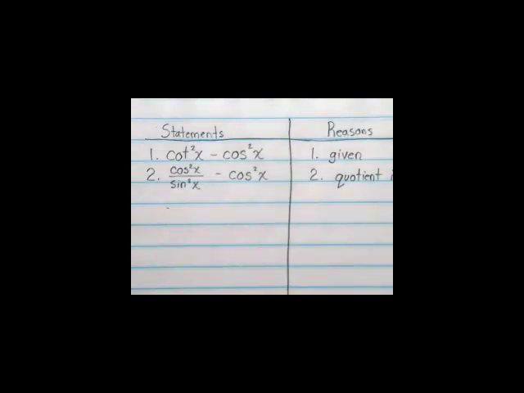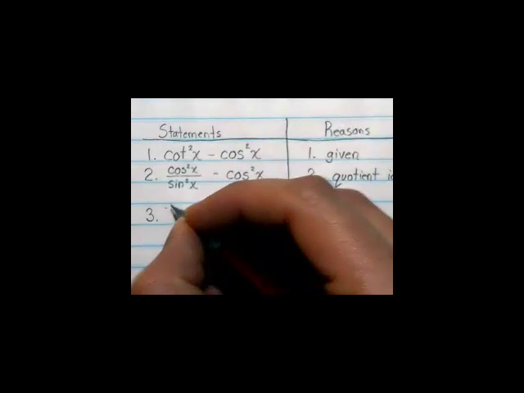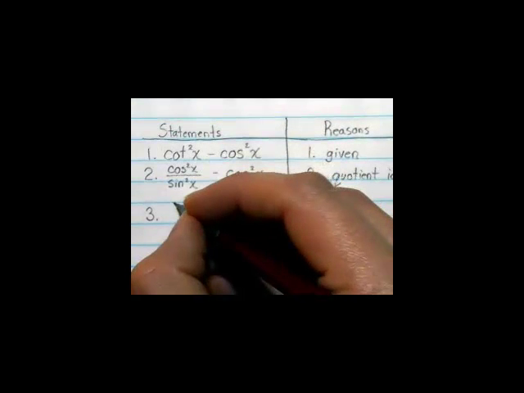Okay. So, now what? Remember, we're trying to get common denominators, right? So what do you think? Right. Our common denominator is going to have to be sine squared, right?